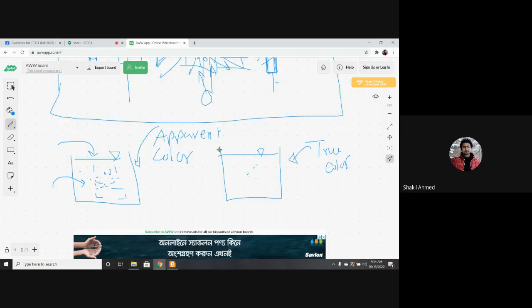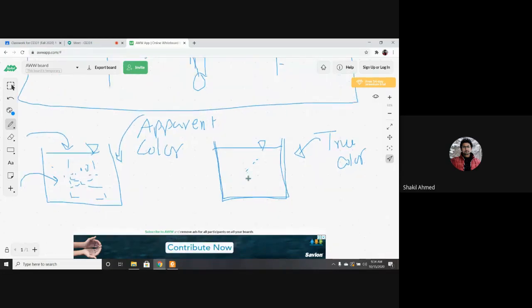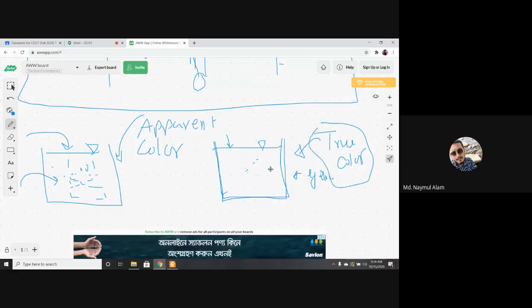Now, if you make juice without any pulp, with some color, yellow or something else, and you filter it out, would the color go away? No, sir. So that's true color.